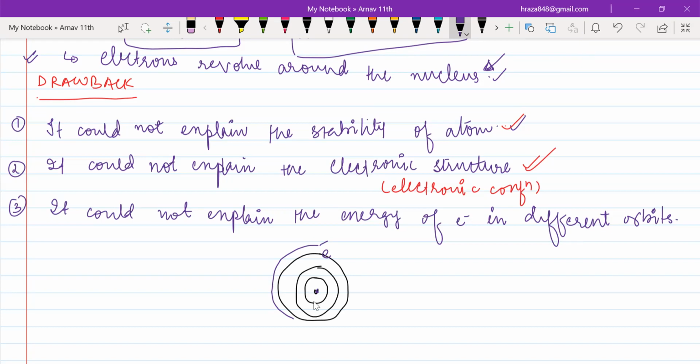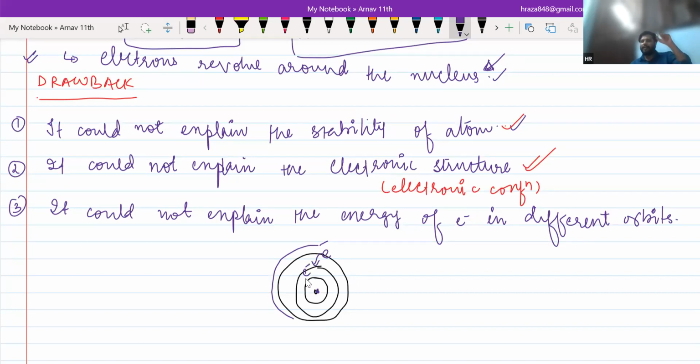Yes, sir. So the first point is that if electrons lose energy since they are continuously moving, they will come to the second energy level because it has lower energy. Then again it moves, loses energy and comes to the first shell. Again it moves, and after losing all its energy, the electron will collide with the nucleus, which is very unstable for an atom.